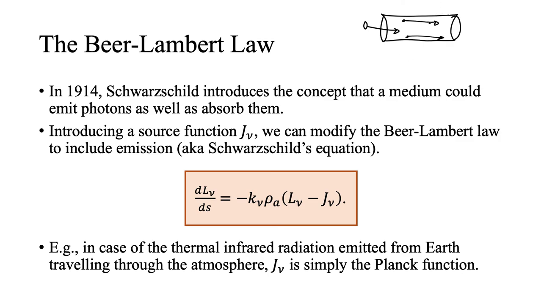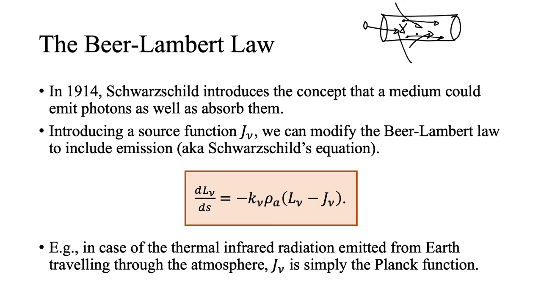Maybe, like the atmosphere, it produces some photons for whatever reason. Or maybe they're coming in from outside. I don't know. But the point is, you could also have not only scattering or absorption of the beam of photons, you could also have emission. And so we need to take that emission into account and modify the Beer-Lambert law accordingly.